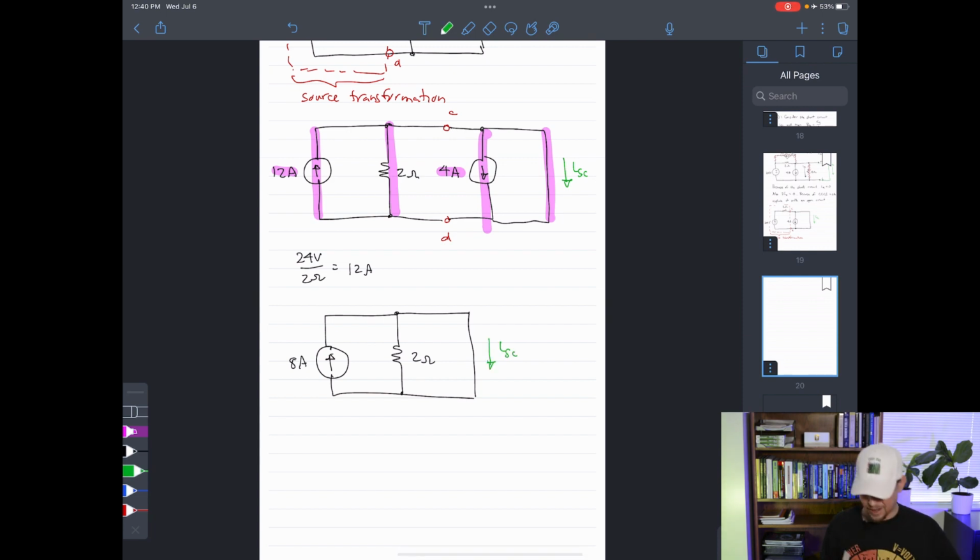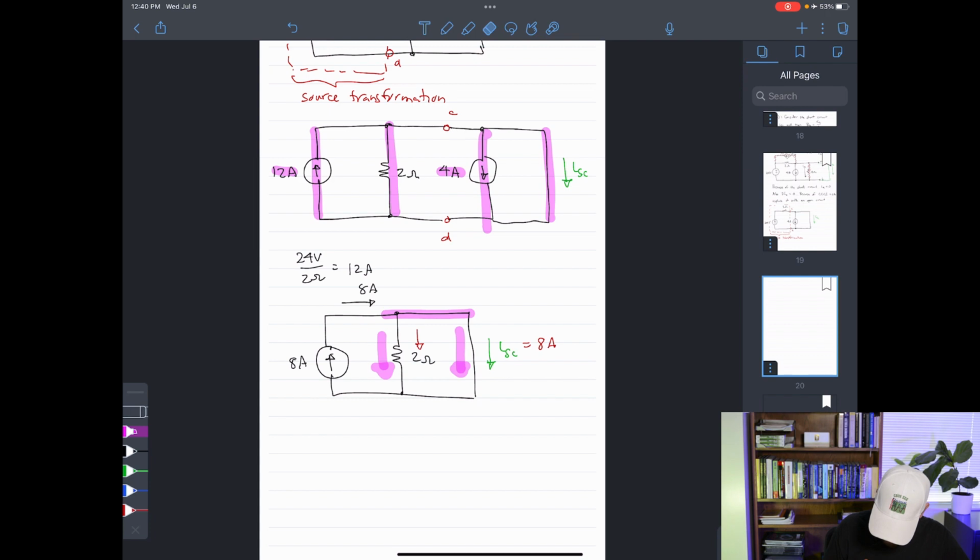Now we're going to use the same argument that we used before. I know that into this junction, we have a total of 8 amps flowing into that junction. Now, this is a current divider. Some of that current would go down this way, some of that current would go down that way, but there's a short circuit there. That means that 0 current goes down that way, and the entire 8 amps must flow through the short circuit.